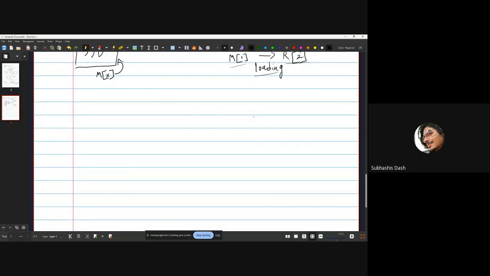So now can anyone tell me what this code refers to? Like the first one means we are loading some data from memory 1 to register 1. That is correct.